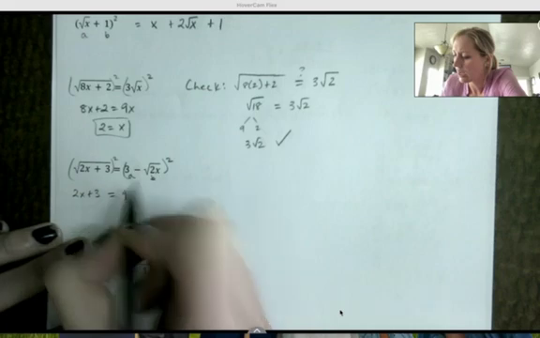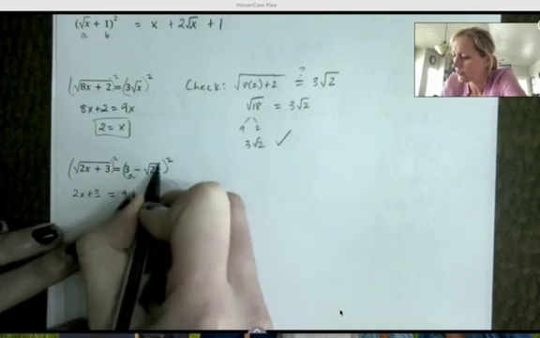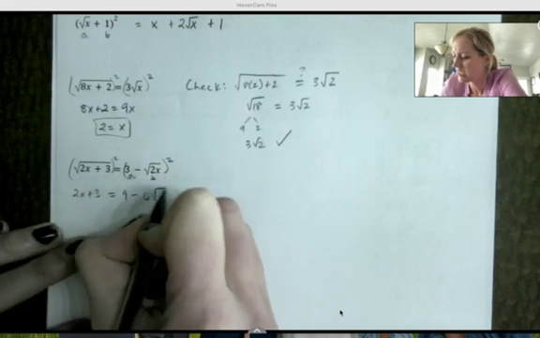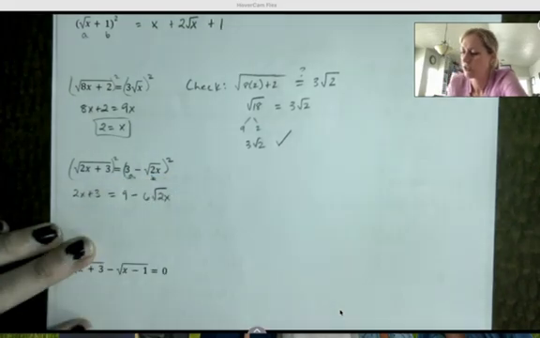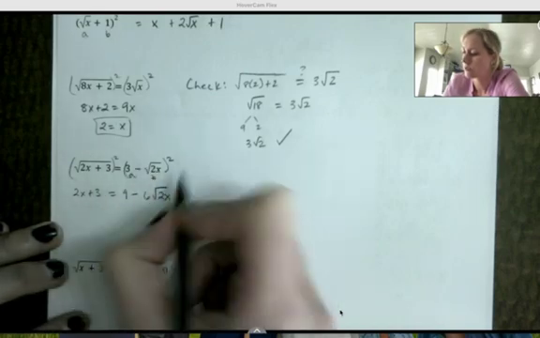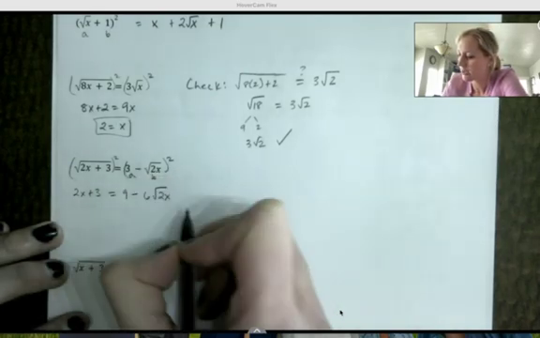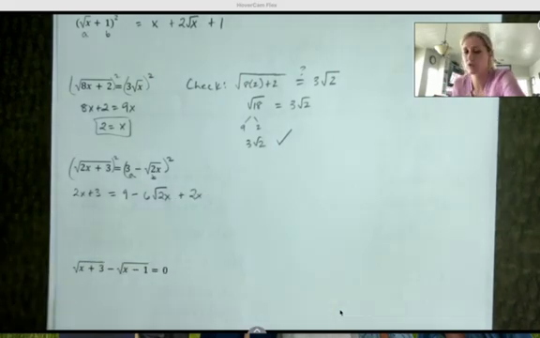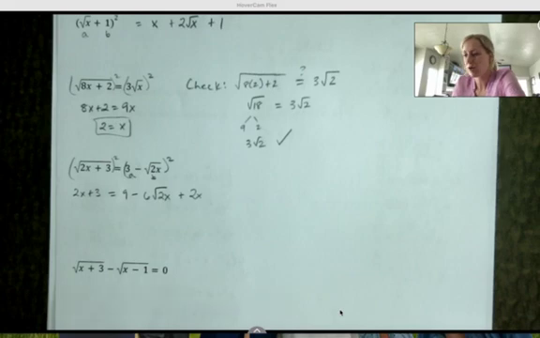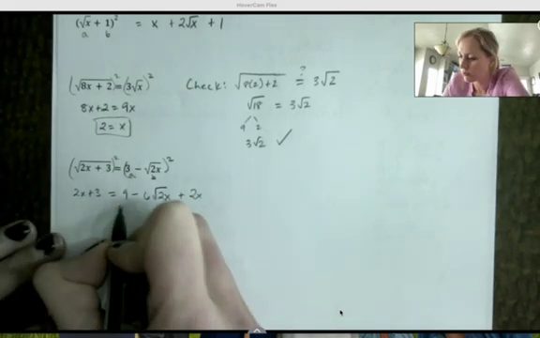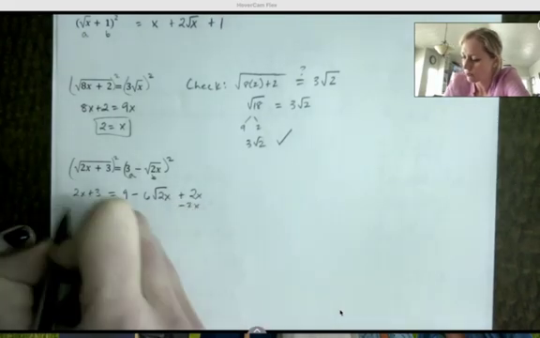Then I have minus 2 of these, so we've got minus 6 times square root of 2x, because I've got 3 times negative 2 square root of 2x, and then 2 of those. Square root of 2x times square root of 2x is going to be positive 2x. Now I still have a square root in here, so I want to move these things over. So I'm going to subtract 9 and subtract 2x from both sides.